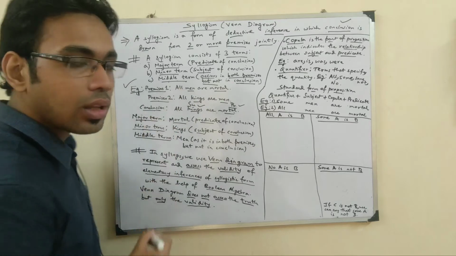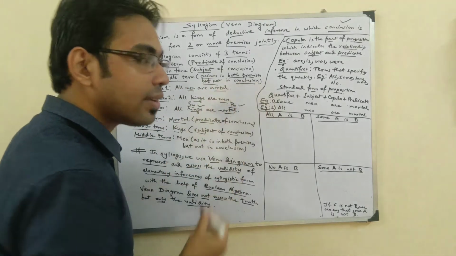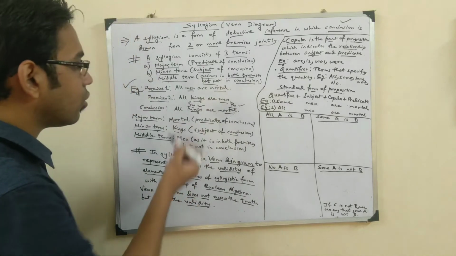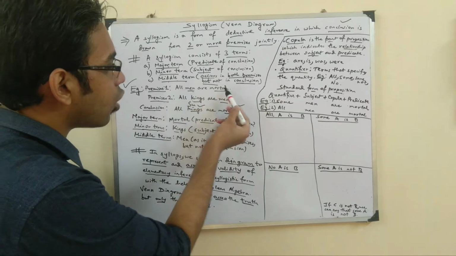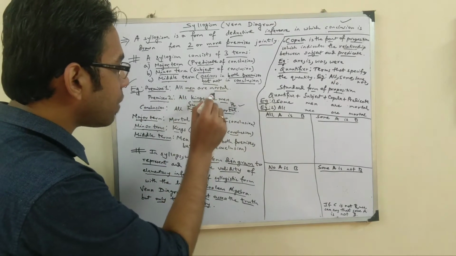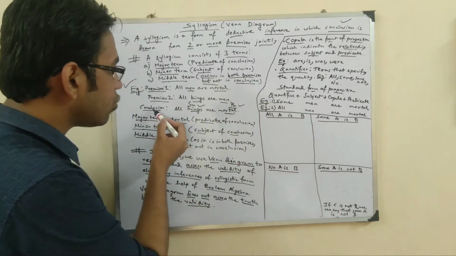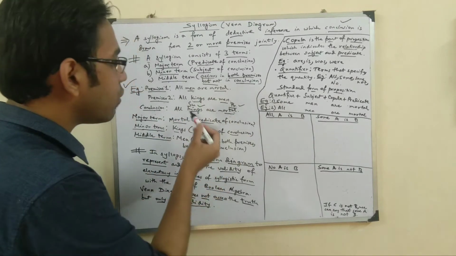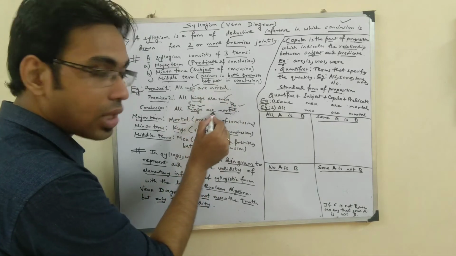Okay, the last one, middle term. Middle term is such a term which exists in both the premises but not in the conclusion. So, out of these four terms, men, mortal, kings and men, the middle term should exist in both the premises but not in the conclusion. In the conclusion, we have kings and mortal, but we don't have the word men in the conclusion.